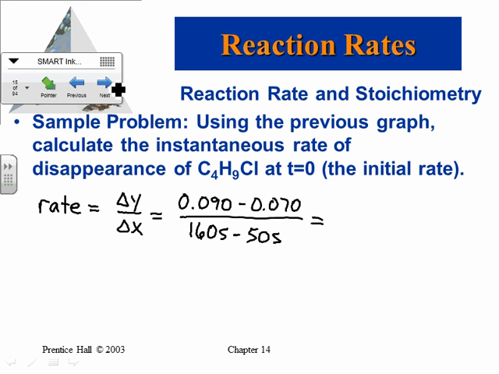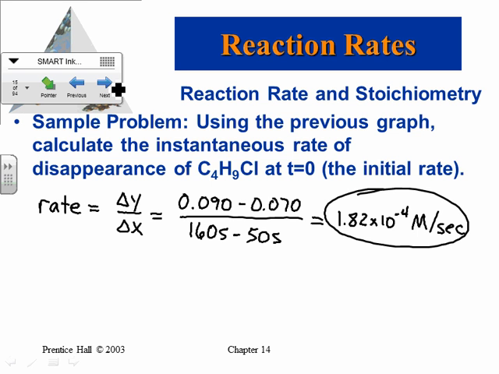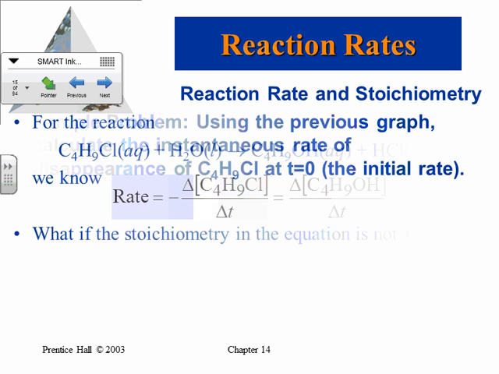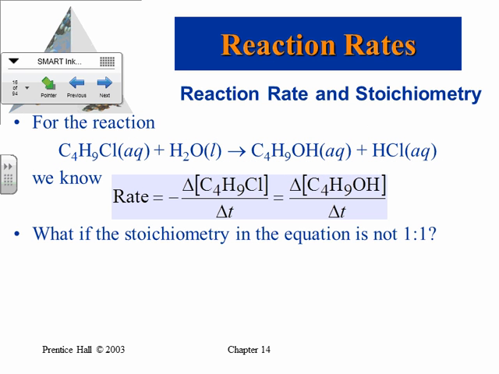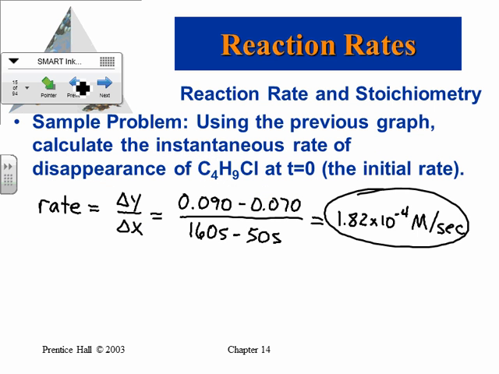So I'm getting a rate of 1.82 times 10 to the negative 4th molar per second. Okay, so there's my rate for the reaction. Now this one's fairly easy. What were they asking us for here? Yeah, they were asking for the rate of disappearance, so that's fine.